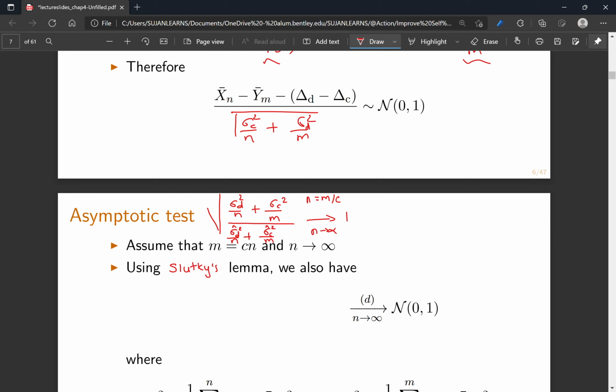Let me further break it down. Now let me multiply this expression by n and m. What will happen? Let me see. Square root of n and square root of n, multiplied by σ²d and σ²c, and let's copy the same expression.